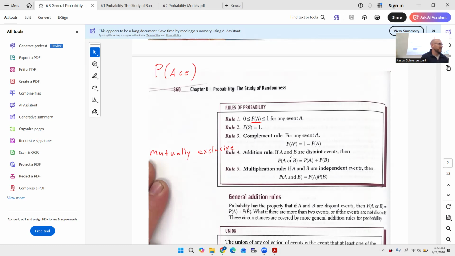Some universities used to have a grade AB, which was like A minus B plus. I don't know, that's why I think it's mostly gone. Lots of events have overlap. You can be both female and a senior in high school. You can be both male and a senior in high school.